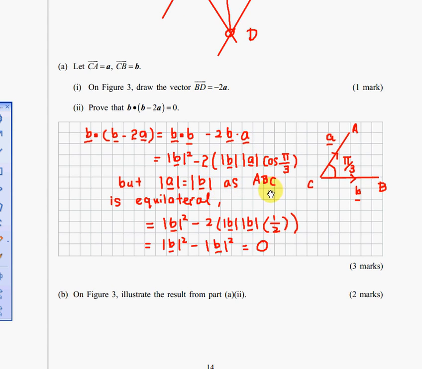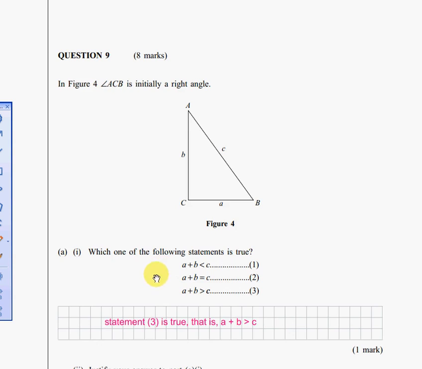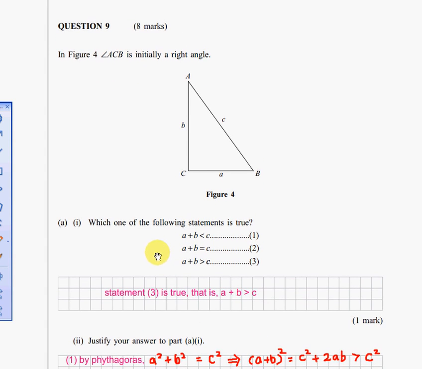The other is that the interior angle of this equilateral triangle is pi over 3. So that's why you expand this, perform the substitution, use the cosine formula for the dot product and so on, and that's why it's 0. Okay, moving on to this one.